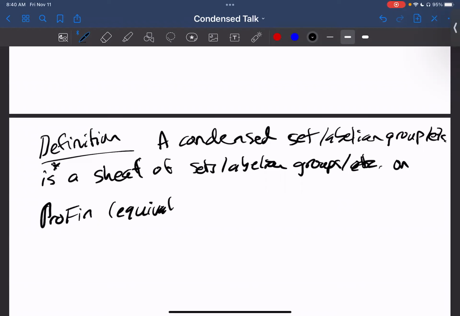Equivalently, extremely disconnecteds and compact Hausdorff spaces.